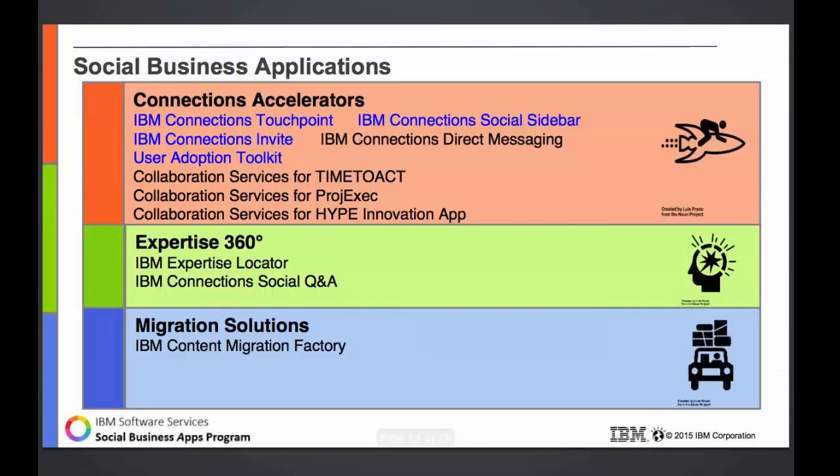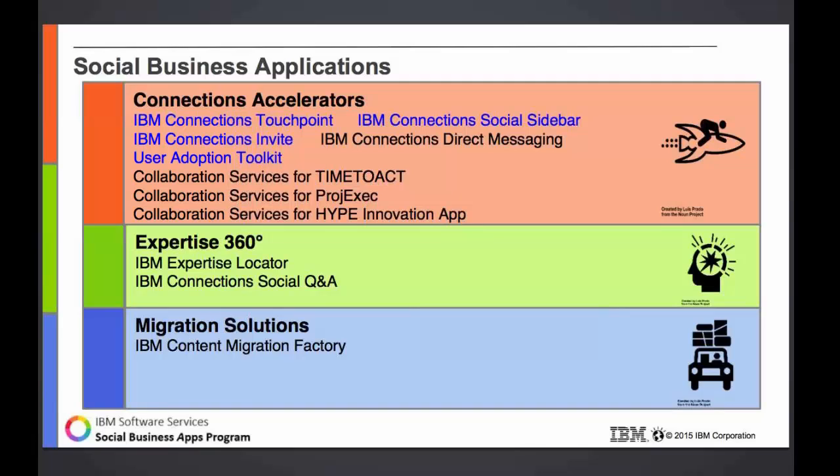The current catalog is divided into accelerators for IBM Connections, and I'll describe the 4 blue items in greater detail. There are additional IBM and business partner assets that comprise this category. We also offer advanced analytics capabilities to locate and manage expertise within an organization.